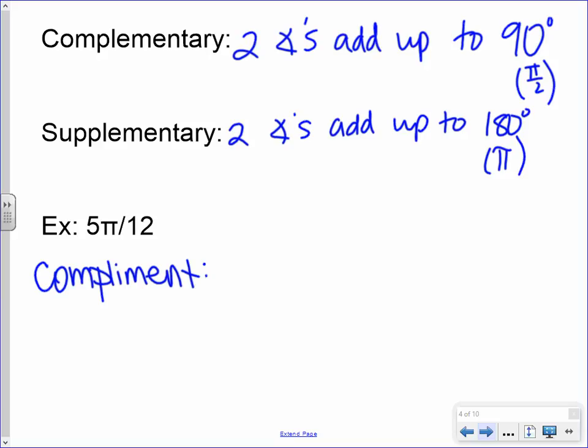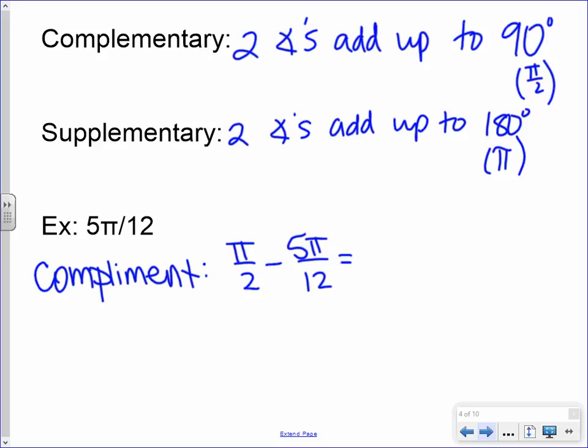Okay? So, if 2 angles add up to pi over 2, then we need to take pi over 2 minus 5 pi over 12. I do not want you to panic because we're working with fractions. You can do fractions, no problem. Get that idea out of your head. All we need to do is make common denominators.